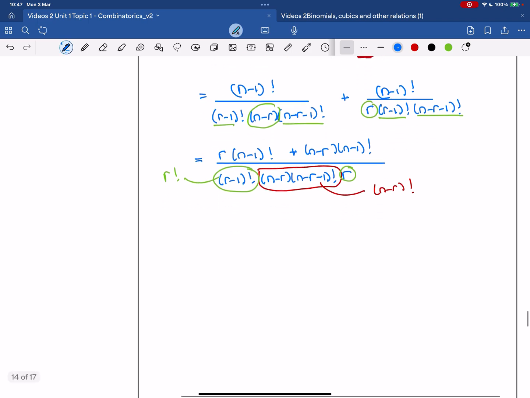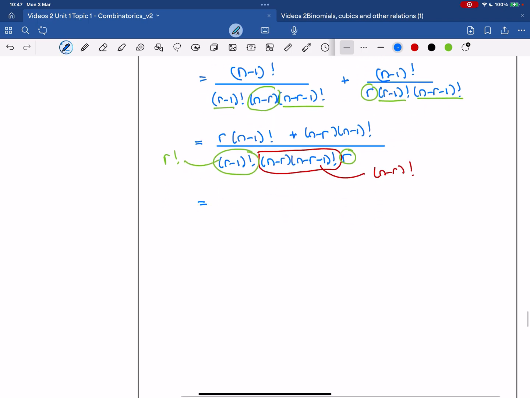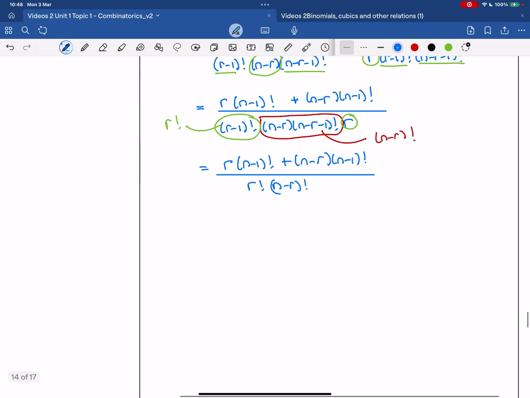So I can rewrite it again. It looks a little bit messy. So we've got r times n minus 1 factorial plus n minus r times n minus 1 factorial. Notice I can take out an n minus 1 factorial there, but that means I've still got r factorial n minus r factorial in my denominator.